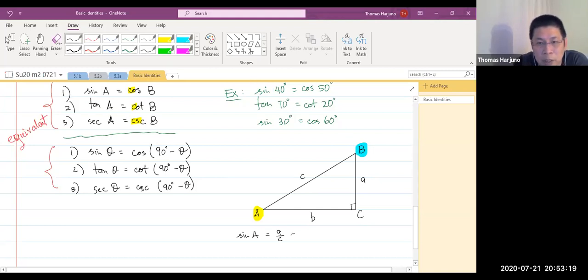This A over C is also the same as cosine B. Now, of course, capital A and capital B here have to be complementary for that to happen.